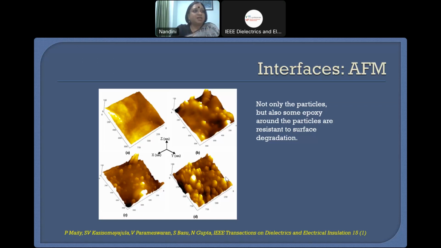So this is the first kind of inkling we had, that there is an interfacial region around the particles. So not only are the particles resistant to degradation, there is a region around the particles which contains epoxy which has been modified in some form. So there is the formation of an interface, which has properties different from the filler as well as the bulk polymer, and this interfacial region is being able to withstand degradation.